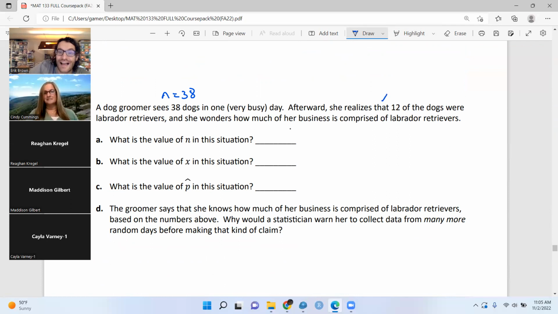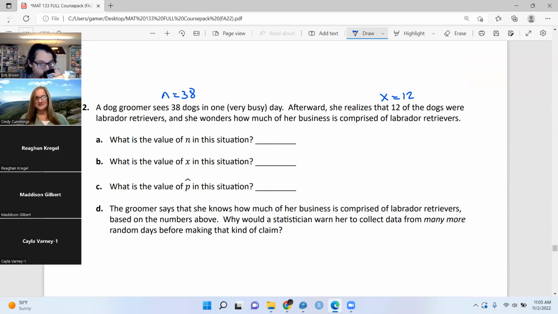That means this is x. Oh, shoot, I'm answering the question for you. Whoops, that's okay. So that's the other clue that we're working with a p hat, or a proportion: if we give you the size of the sample and then a certain number of that sample that fit a characteristic.